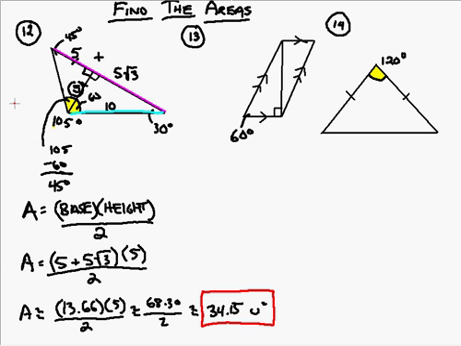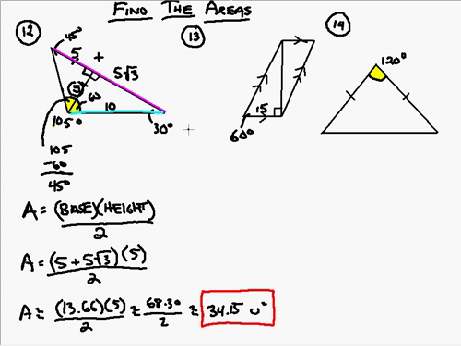Okay, going to 13 now. One of the things I forgot to put in my drawing is that this length right here is 15, which is my short side.